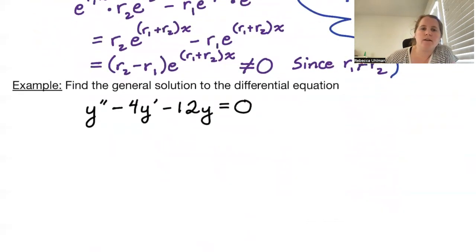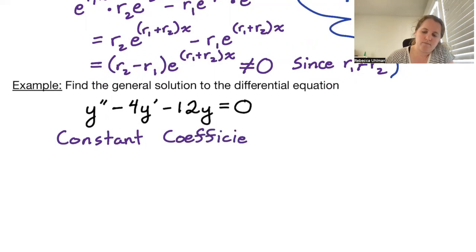So let's go ahead and work with the equation y double prime minus 4y prime minus 12y equals 0 and find the general solution. So we have constant coefficients. The first thing we should do is find the characteristic equation.